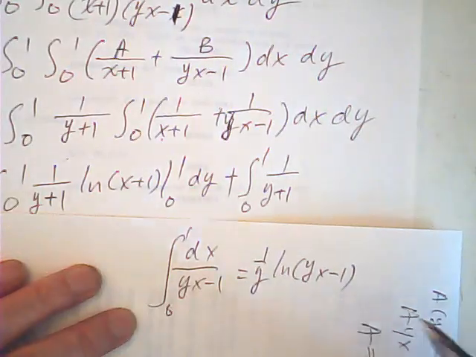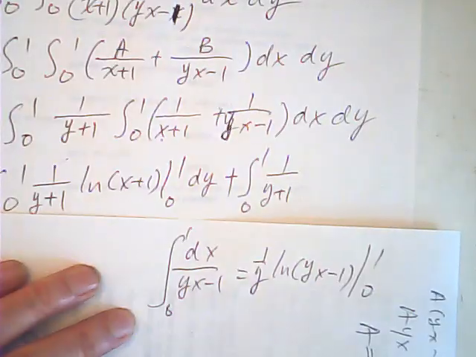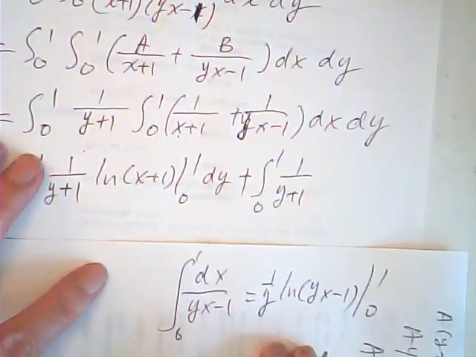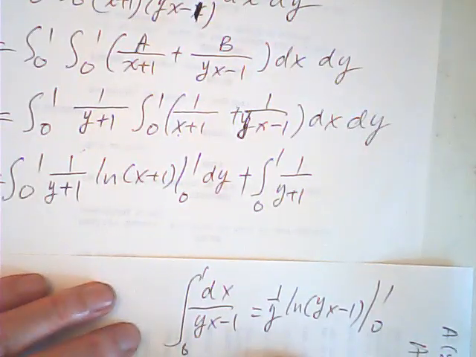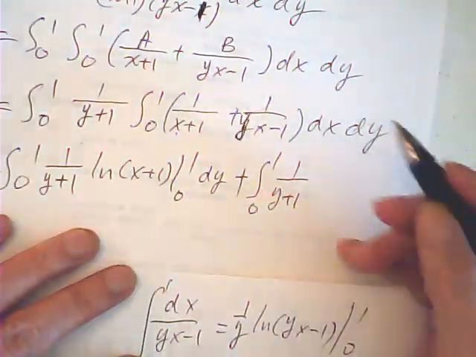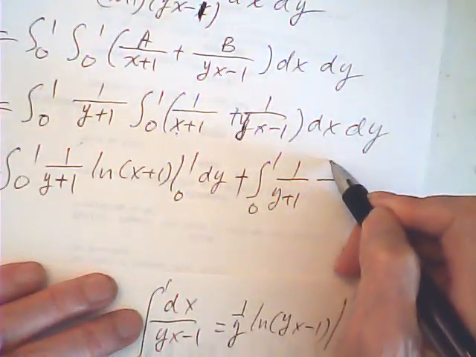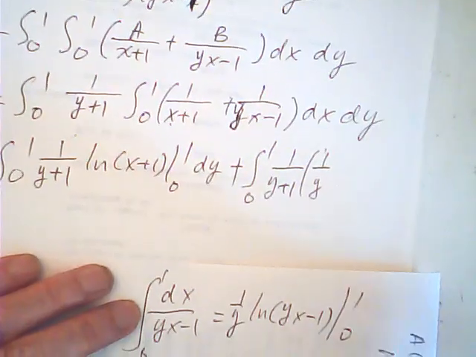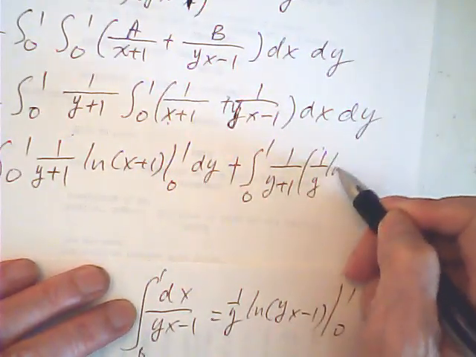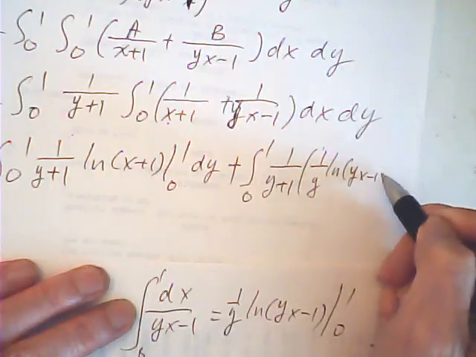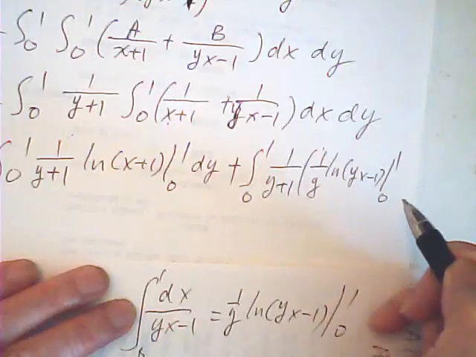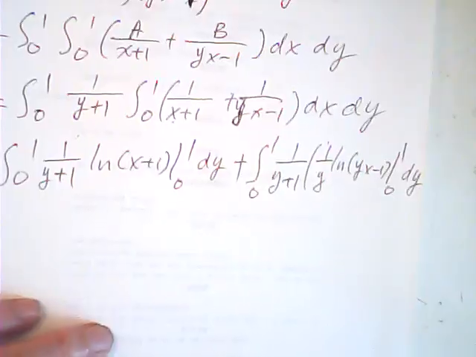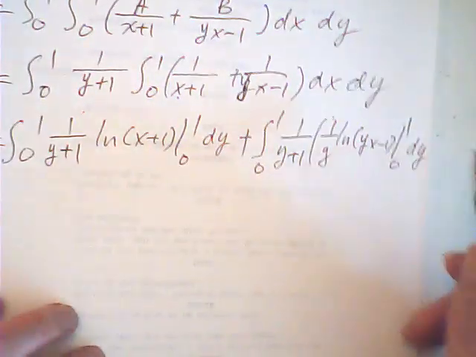So it becomes 1 over y times log of yx minus 1 from 0 to 1, then dy. Correct. This is for x.